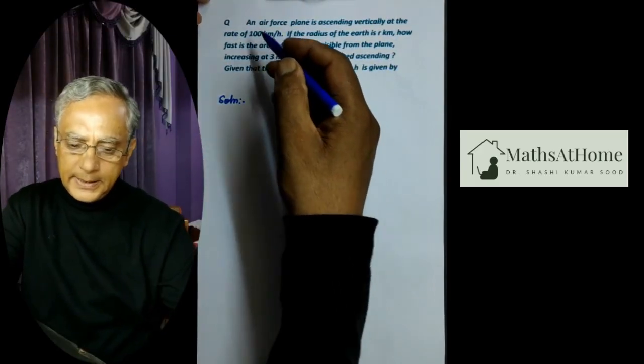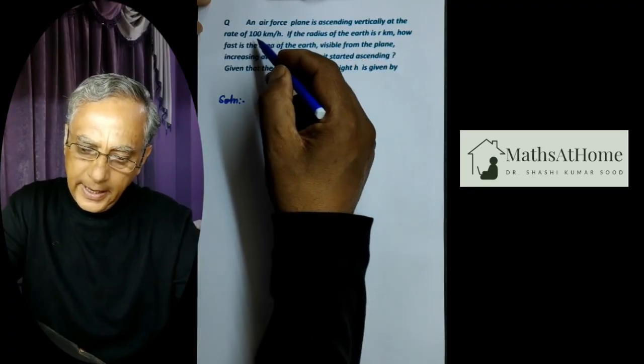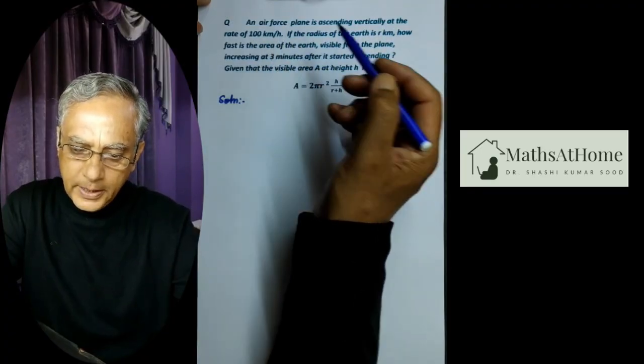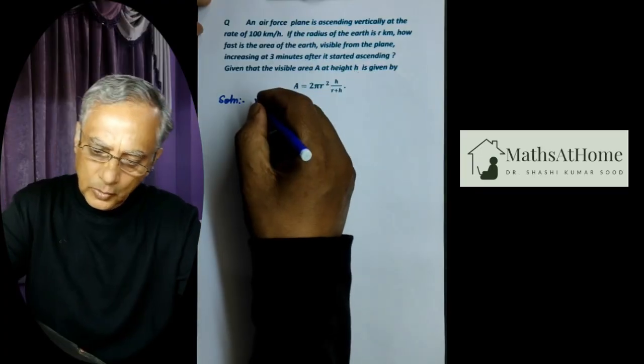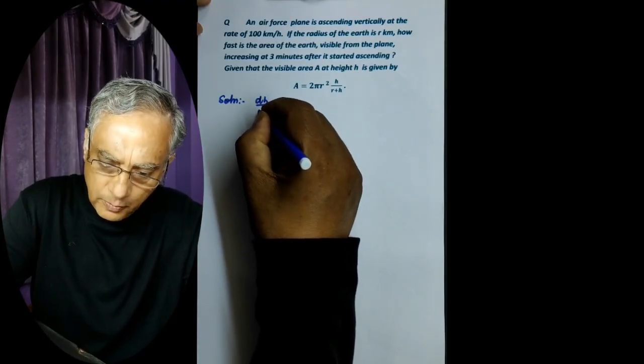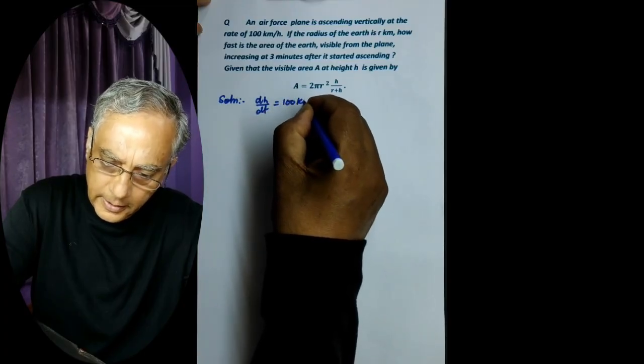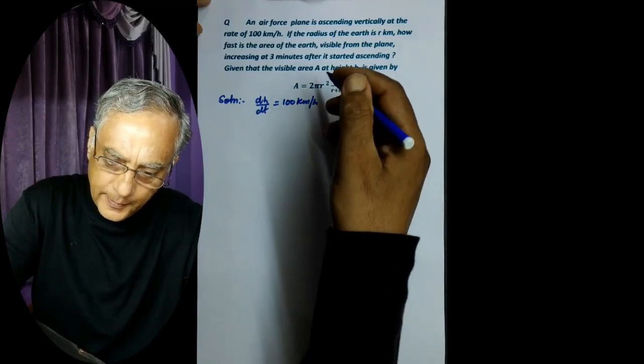Now the next question is, an Air Force plane is ascending vertically at the rate of 100 kilometers per hour. So we are given dh by dt is equal to 100 kilometers per hour.